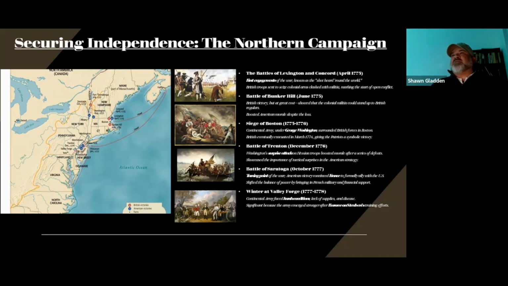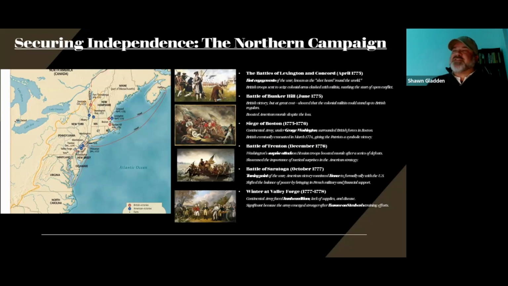But for the most part, the Northern Campaign, the first half of the American Revolutionary War, is fought in these areas. And I've picked the Battle of Lexington and Concord in April 1775, the Battle of Bunker Hill, June of 1775, and the Siege of Boston, which is 1775 to 1776.